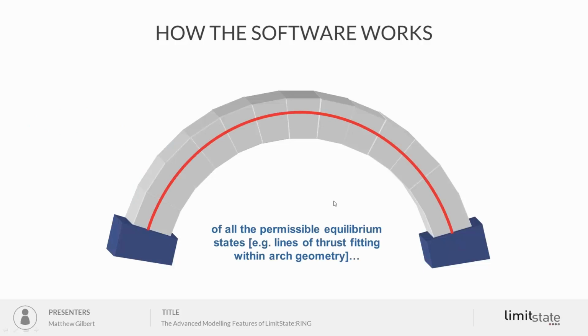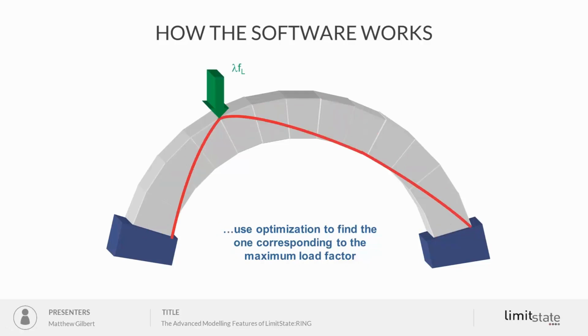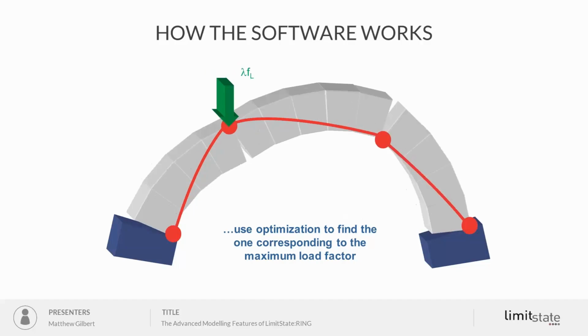Of all the permissible equilibrium states, which we can visualize as the line of thrust that fits within the arch geometry, we basically use optimization to find the one corresponding to the maximum load factor, which also corresponds to the point at which you see collapse.